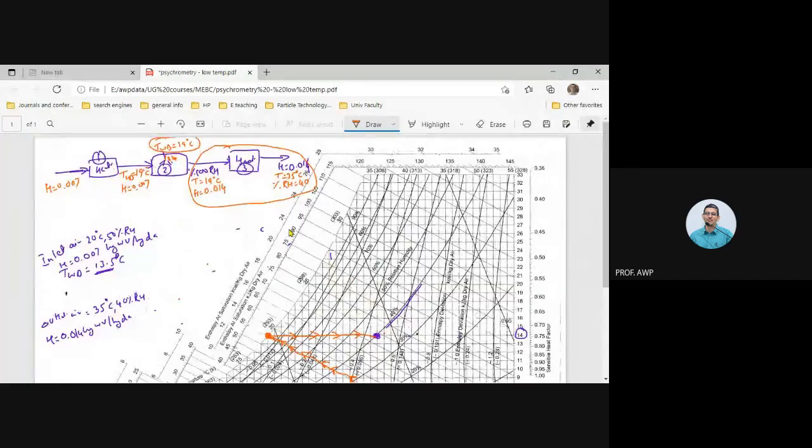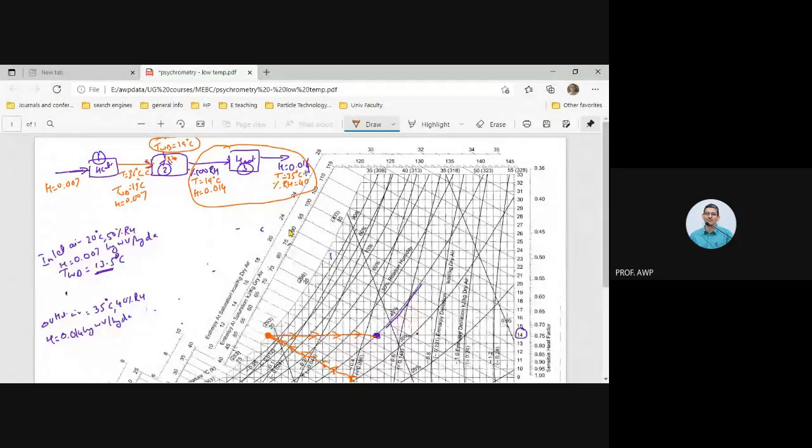So I will heat it up first of all to a temperature of 36 degrees centigrade, so that it has a wet bulb temperature of 19 degrees centigrade, but it has a humidity of 0.007.